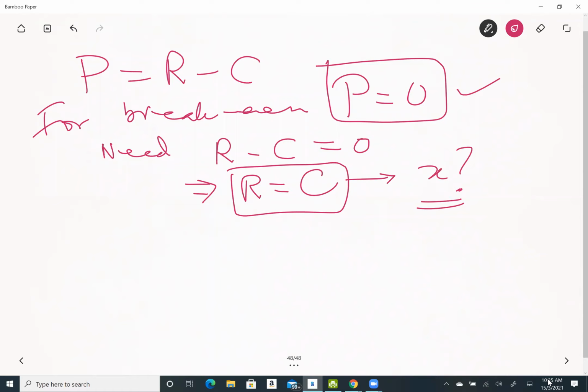When R is equal to C, that means the X that I produce is equal to what?